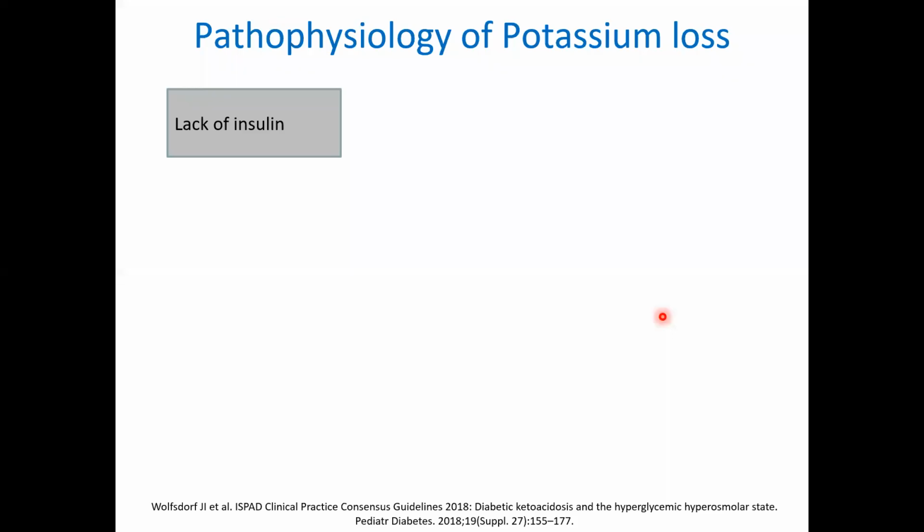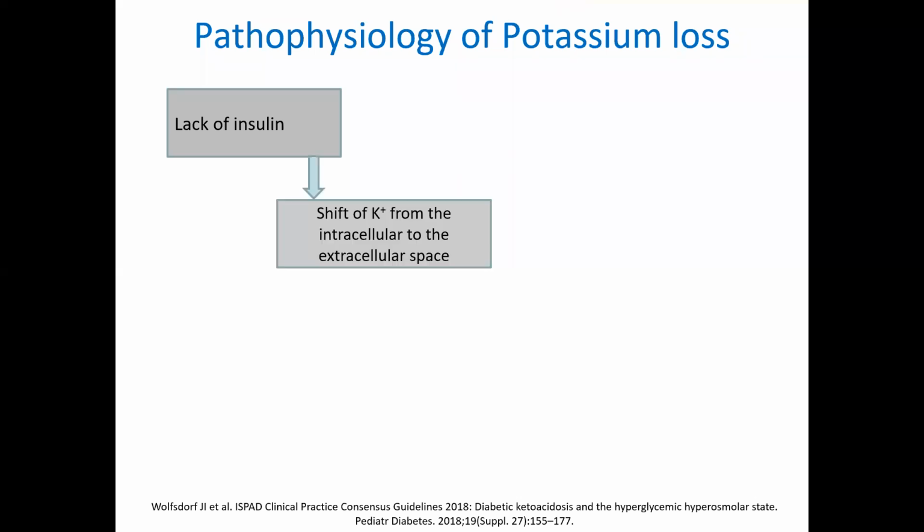Let's talk a bit about the pathophysiology of potassium. Why do these patients tend to have low potassium? So of course, because they don't have insulin, and insulin normally drives potassium into the cell. And in addition to that, when they don't have insulin, there's increased breakdown of proteins. And this results in efflux of potassium from the intracellular to the extracellular space.